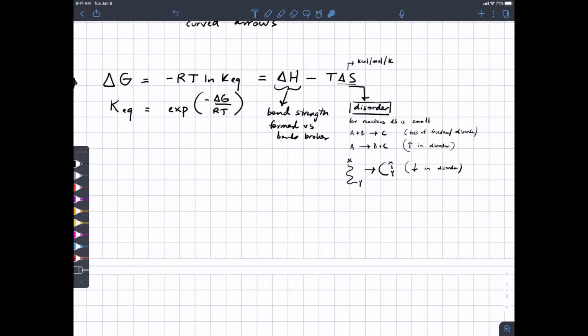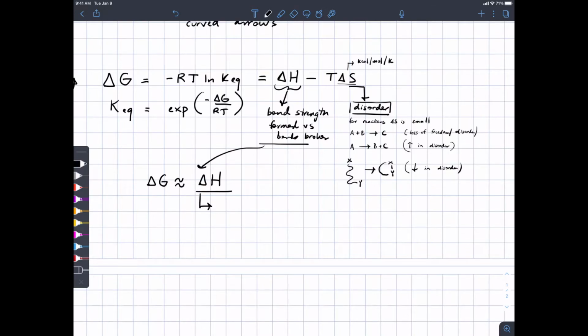In general, because we're going to mostly ignore entropy, we're going to make the assumption that the change in free energy for a reaction is going to be related to, or pretty close to, the change in enthalpy for a reaction.